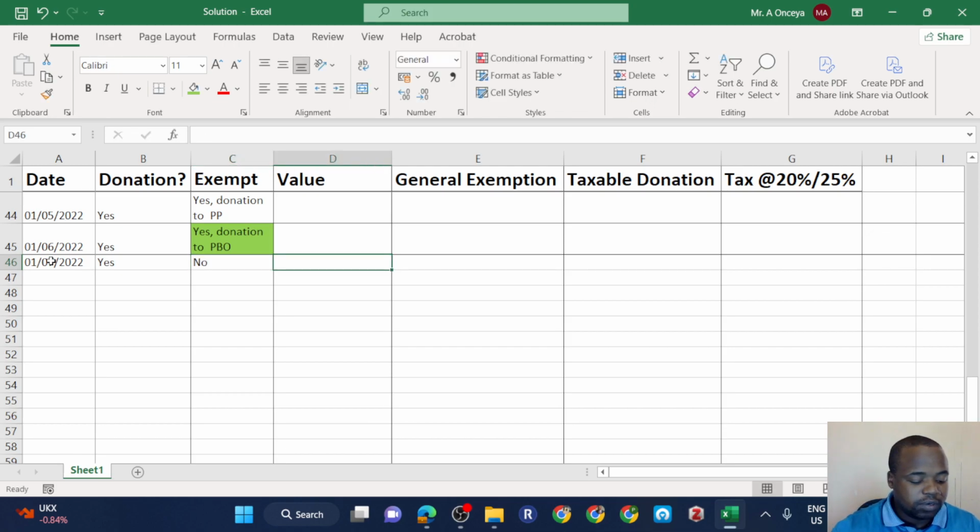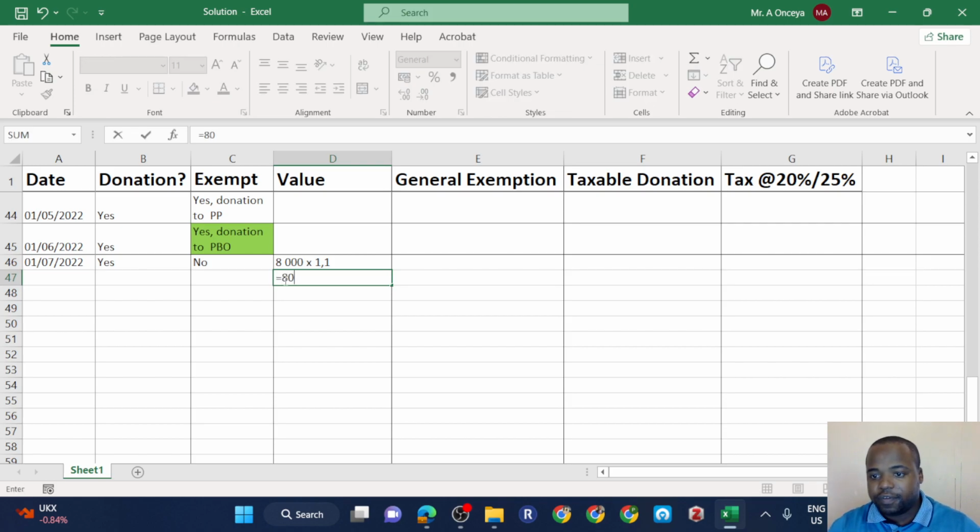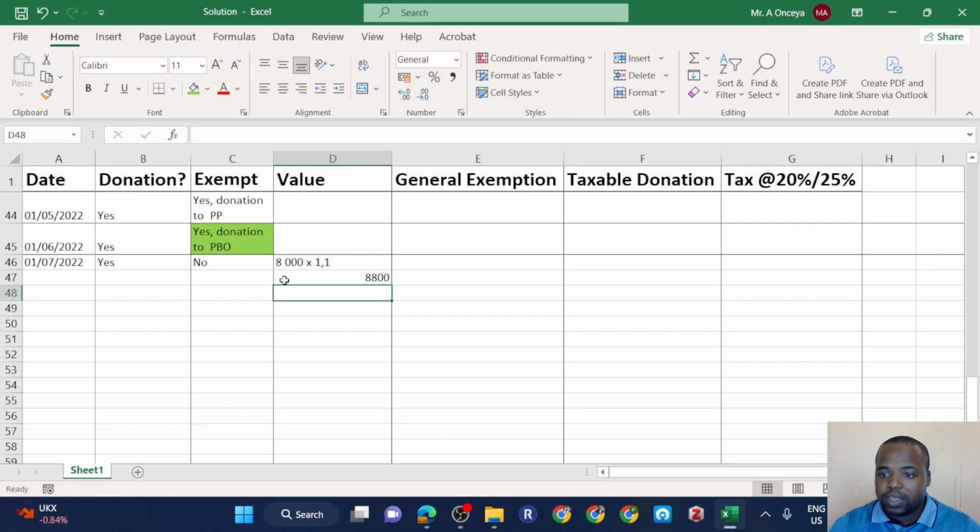What's the value of the donation? The value of the donation is the 8,000 rands multiplied by 100%, which is 8,000 rands, plus 10%, so 1.1. And that gives us a value of, let's say, 8,800 rands.